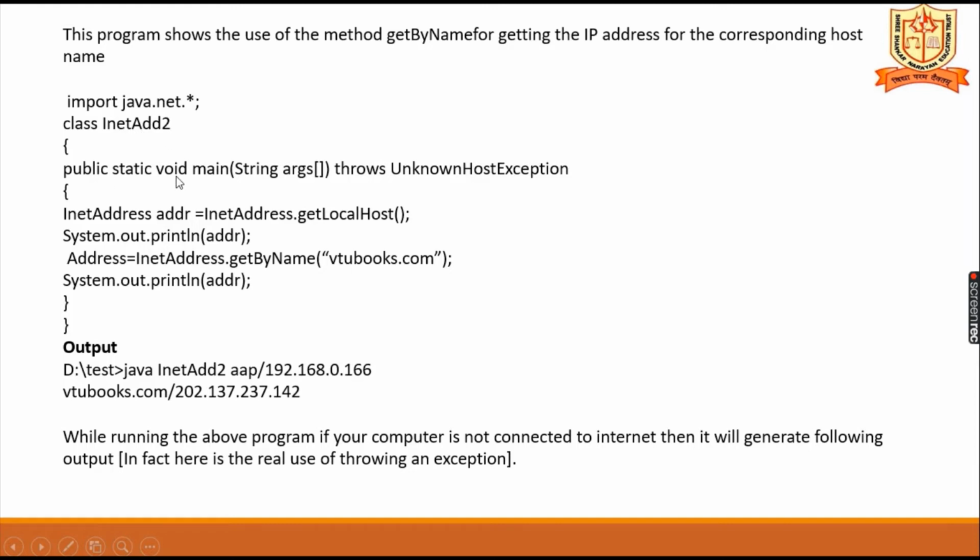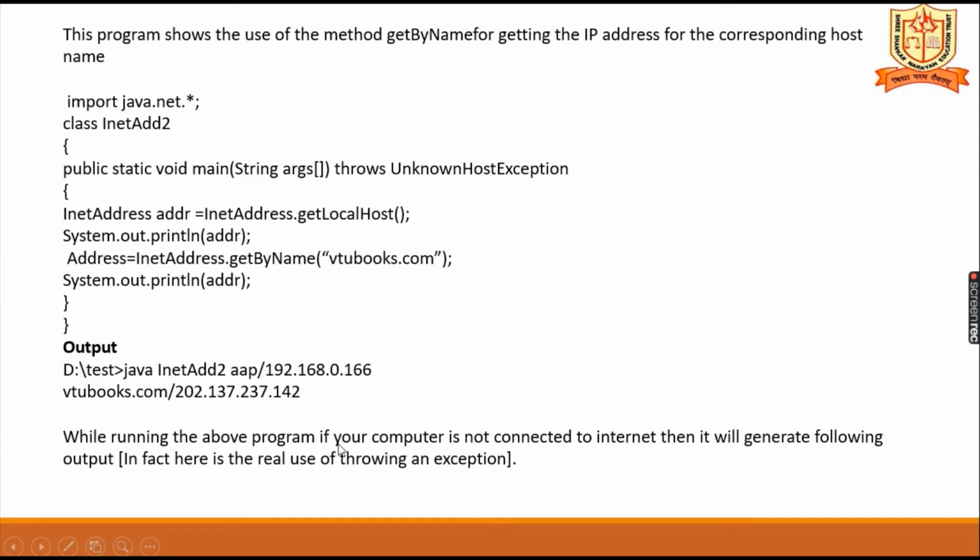So InetAddress2, public static void main throws UnknownHostException. InetAddress.getLocalHost will retrieve the IP address. After that, if you want to retrieve the host name, you have the method getByName. So the getByName method retrieves the host name. Is it clear?